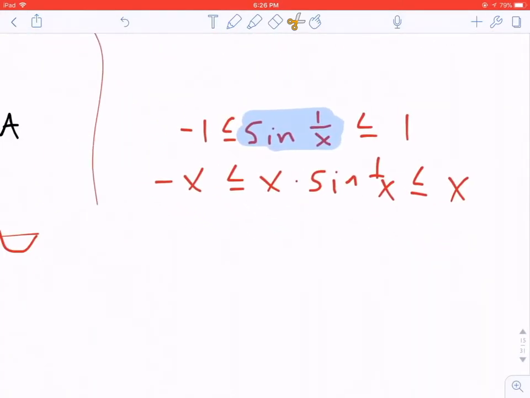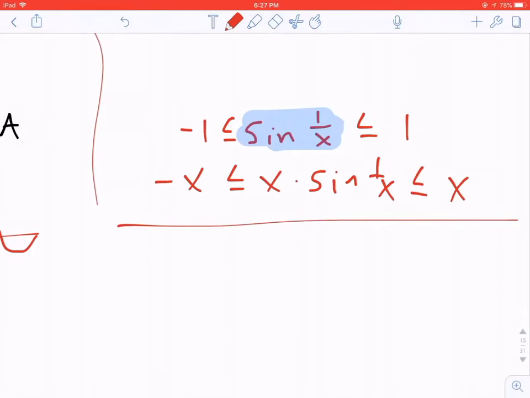that if I take the limit as x approaches, in this case, 0, and if this function and this function both approach the same answer as x approaches 0, then this middle function is being squeezed together and it's approaching the same thing. So here's what we're trying to figure out now.